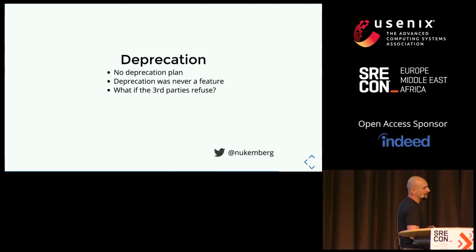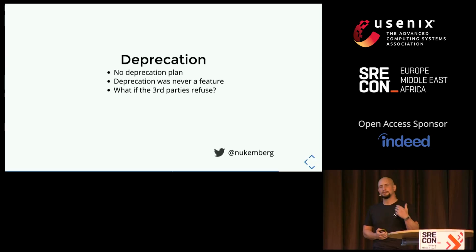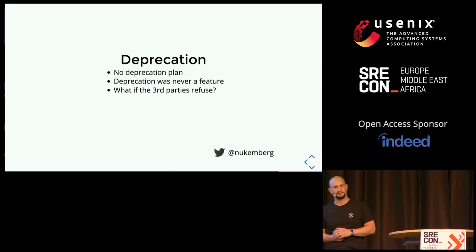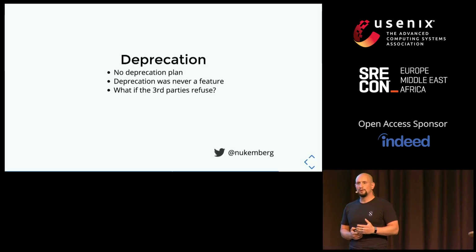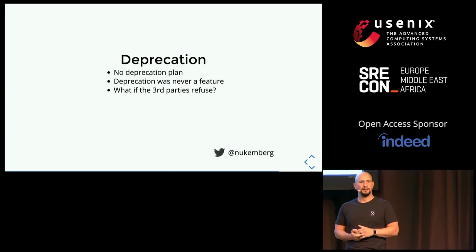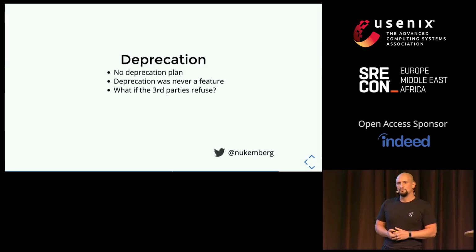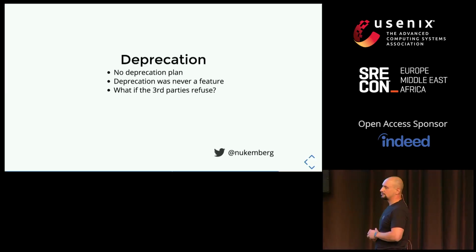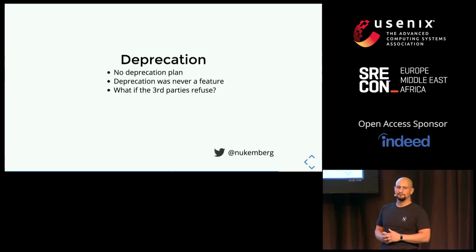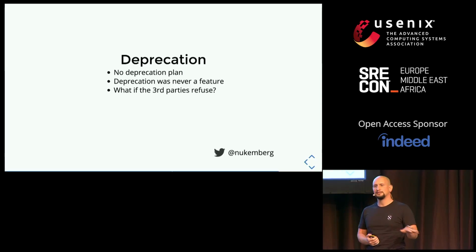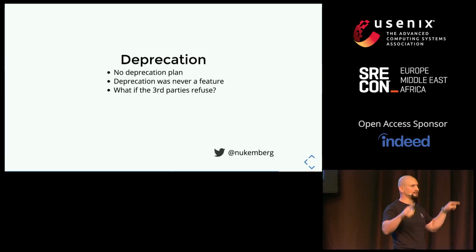So think about deprecation. This is something that we all pretend doesn't exist, right? No one wants to think about their own mortality, about stuff having to end, about their software being deleted or removed. So usually you don't have a deprecation plan. It's never a feature. I've never seen a product plan where there was a feature named deprecation.